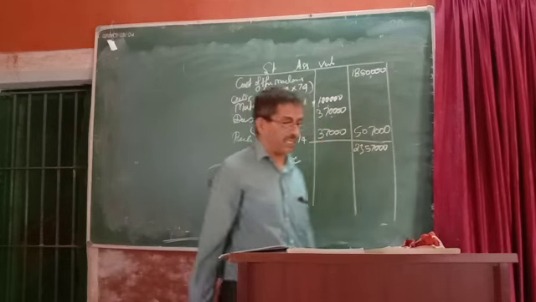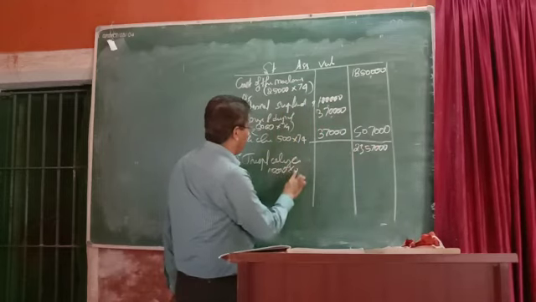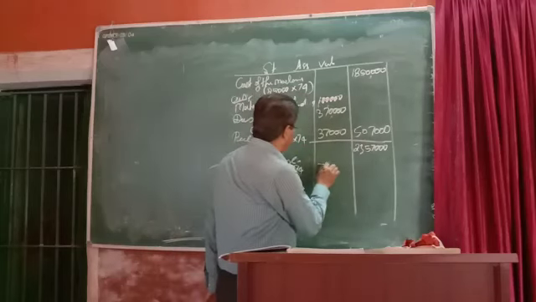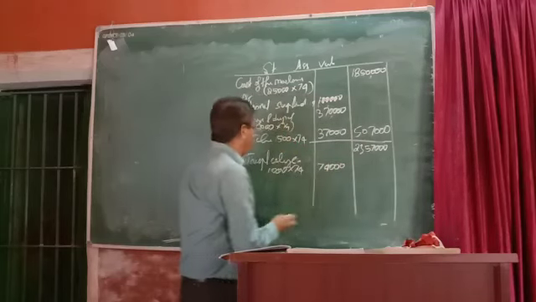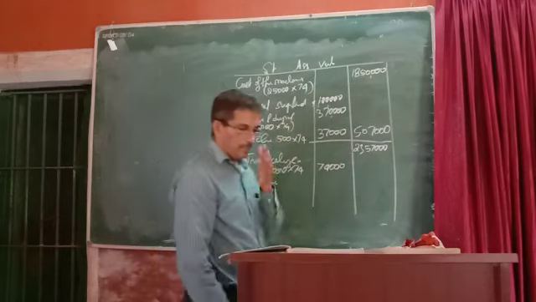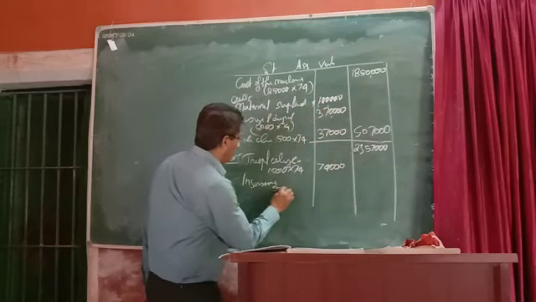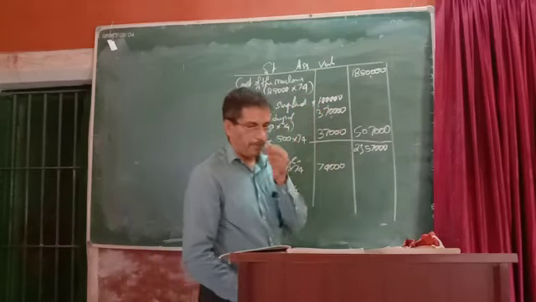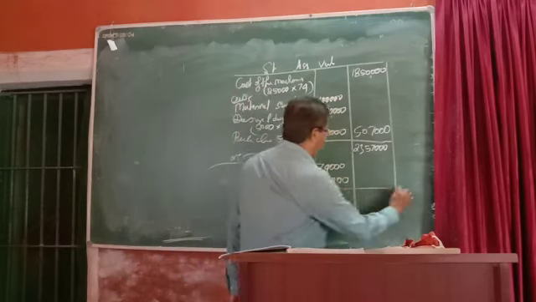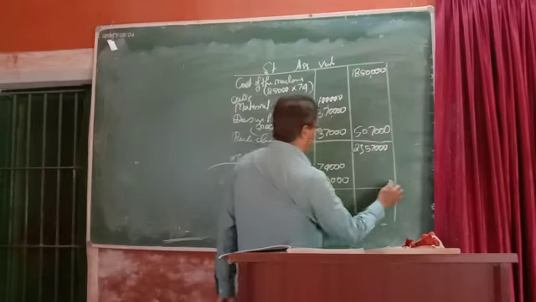The first one should be taken, transportation charges 1,000 euro. 1,000 into 74 should be 74,000. And one more thing we are supposed to take is insurance. Insurance here is 500 euros. That means 500 into 74 should be 37,000. That's all. Nothing else. Do the total of this. Put it out of column.